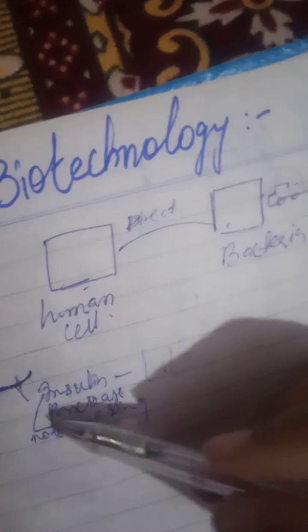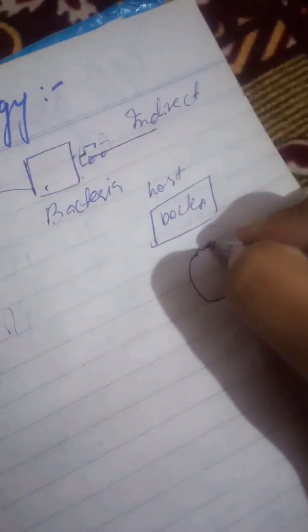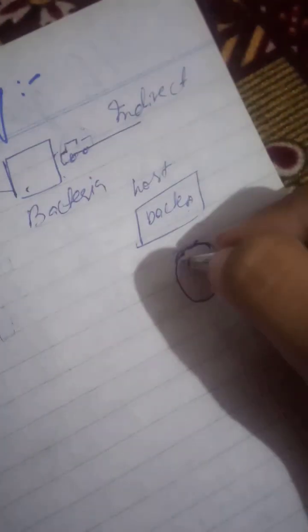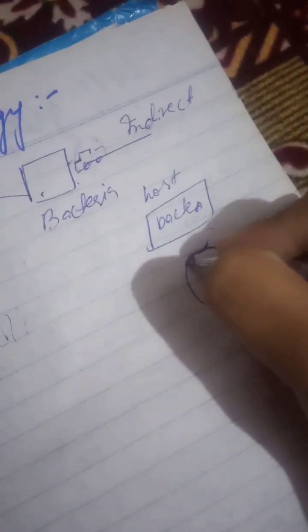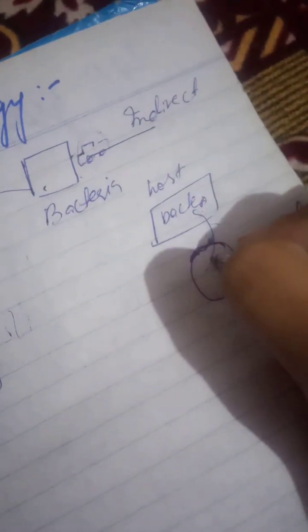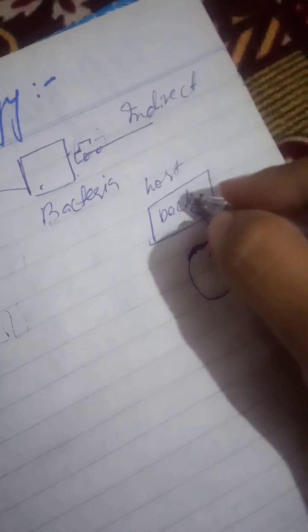As I told you, we'll take this insulin gene and add the gene we require into the bacterial plasmid. This is then given to the bacteria, and after that it will produce insulin.